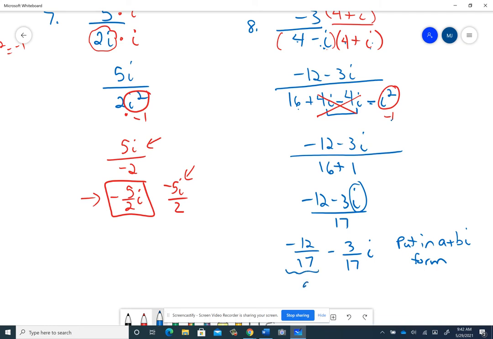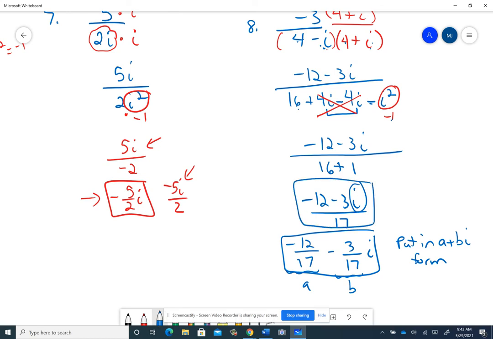Then this is like the a and this is like the b. Okay? So that separating step is not really that important. It's just kind of showing that this really is a complex number. It's in a plus bi form. So that, and I would have accepted this too as a final answer.